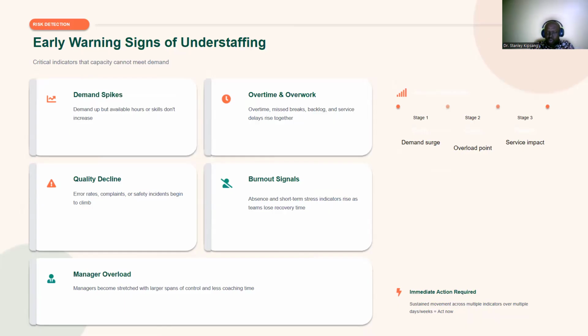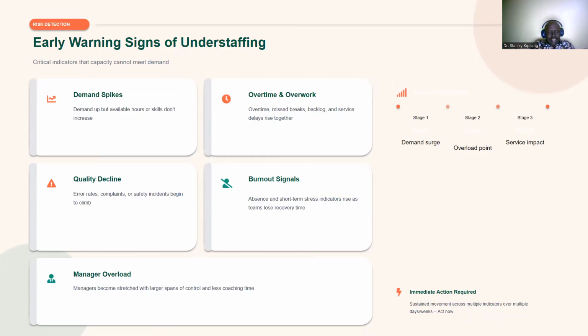We are witnessing burnout scenarios where people are overworking. When there's burnout, there's a high chance that people do not come to work. People become absent because they don't see the need of going to work since they are overworked. So those are some of the things that can be seen.